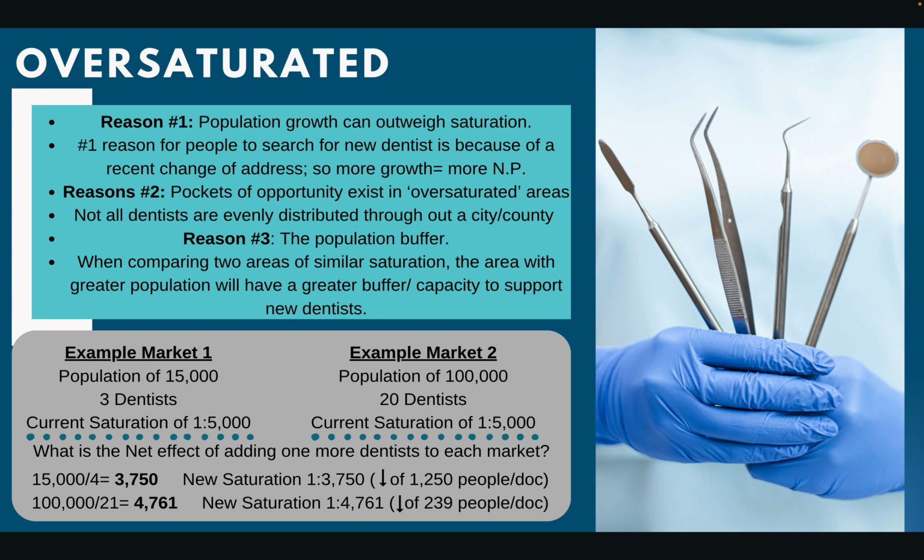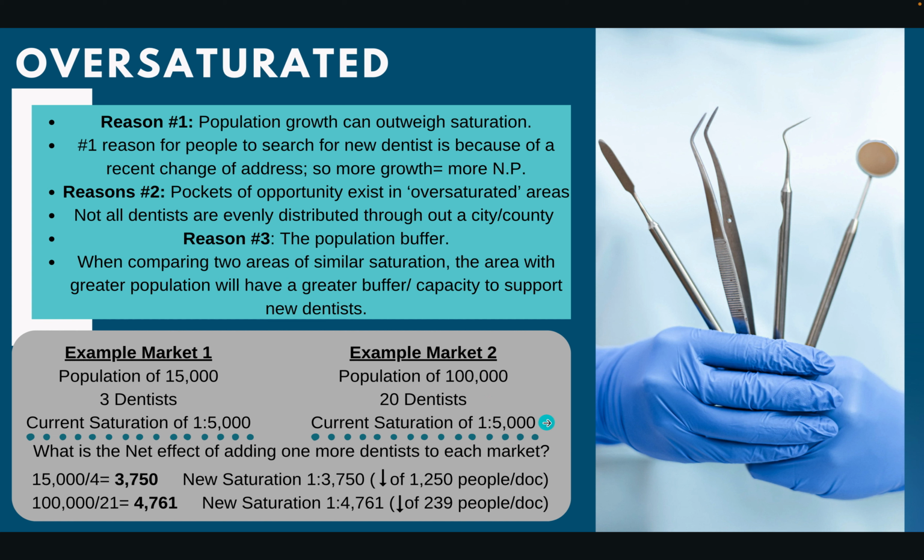So let's look at the example below. I created this arbitrary situation where you have 2 separate populations, a small town of 15,000 and then a medium-sized town of like 100,000 people. In the small town, they have 3 dentists, and in the medium-sized town, they have 20 dentists.